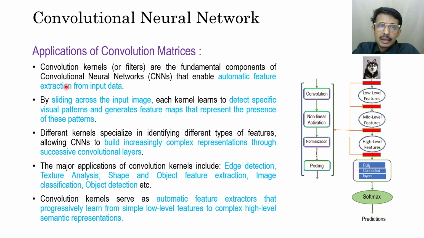Now we are going to understand the applications of convolution. First the convolution kernel, nonlinear activation, normalization, pooling, etc. Convolution kernels, as we mentioned earlier, are the fundamental components of a convolutional neural network that enable the automatic feature extraction from input data.